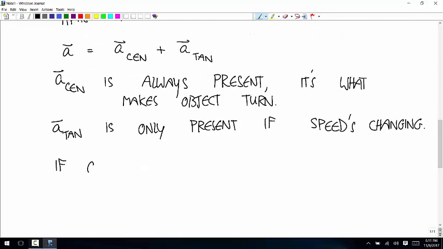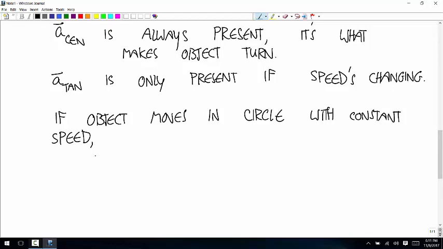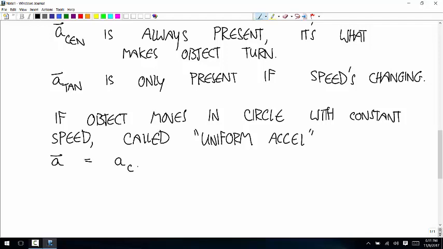If an object follows a circular path, moves in a circle, with a constant speed, then that's called uniform acceleration. And then the total acceleration is just equal to the centripetal part.